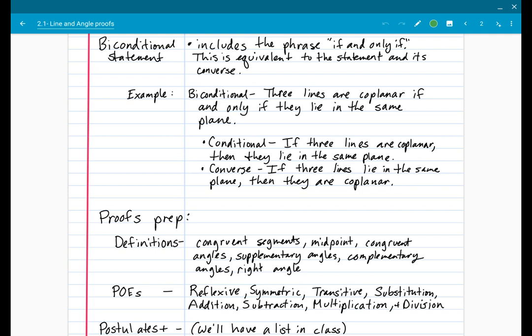The conditional format of this is if 3 lines are coplanar, then they lie in the same plane. And the converse, remember that's when we change the order. If 3 lines lie in the same plane, then they are coplanar. This can be useful in the future, so just keep an eye out that that's called a biconditional statement.